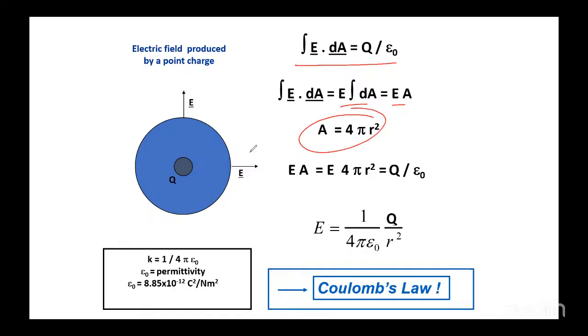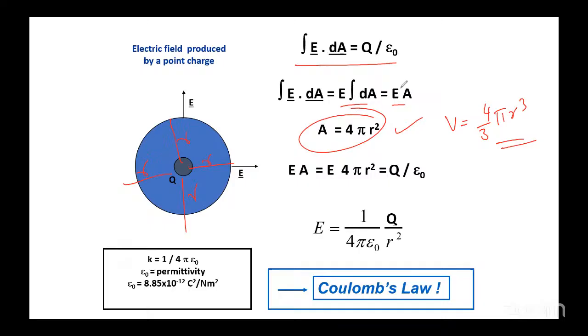What is the area of this sphere, if the radius is small r? 4 pi r square. What is the volume? 4 by 3 pi r cube.